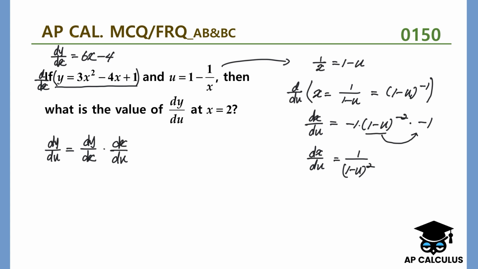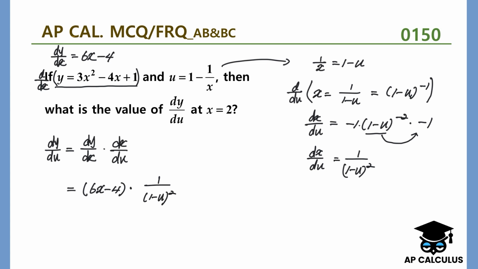So far so good. So dy over du is equal to dy over dx times dx over du, which is equal to, here, dy over dx, that's 6x minus 4, right? So 6x minus 4 times dx over du, that's 1 over 1 minus u squared.